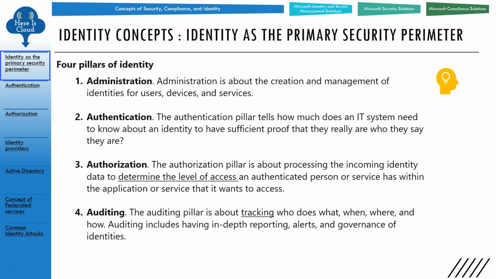This we need to remember for the exam: administration, that is how do we administer the identities; authentication, how do we tell whether you are the right person who we think you are; authorization, determining the level of access an authenticated person or service should have; and auditing, which is about tracking who does what, when, where, and how. So these are the 4 pillars of identity, and you should remember that. And everything starts with A. So that is a trick to remember all this.